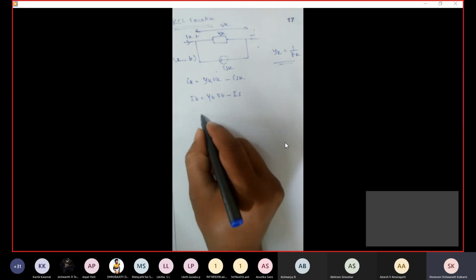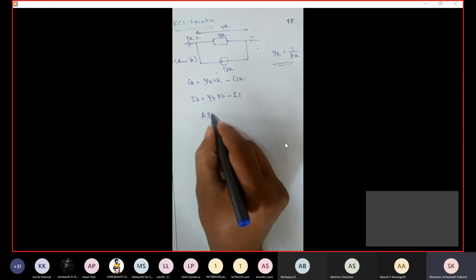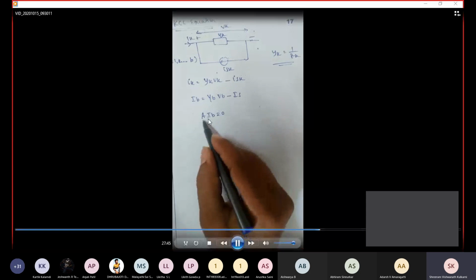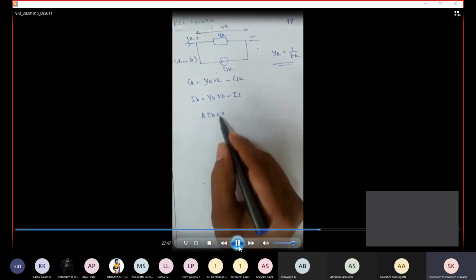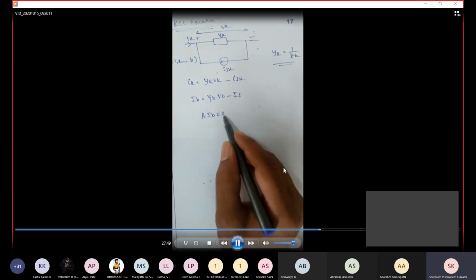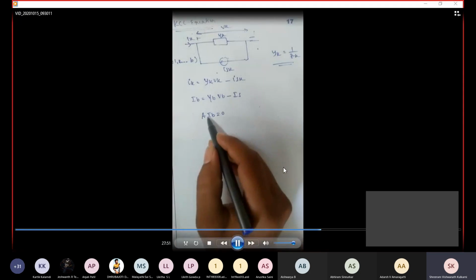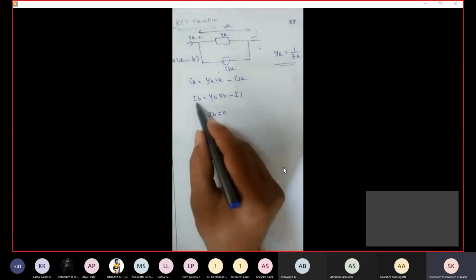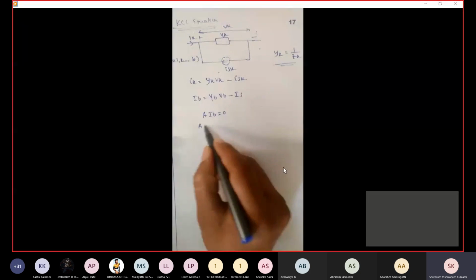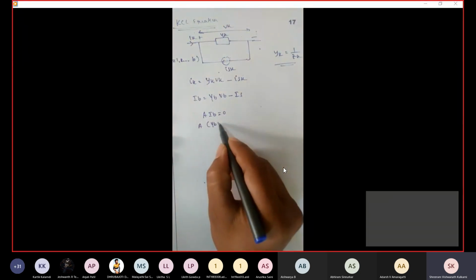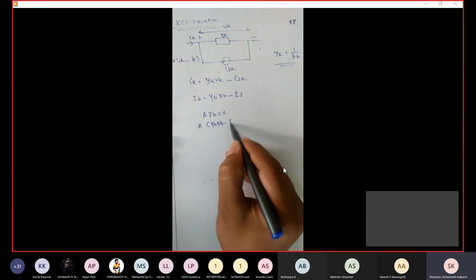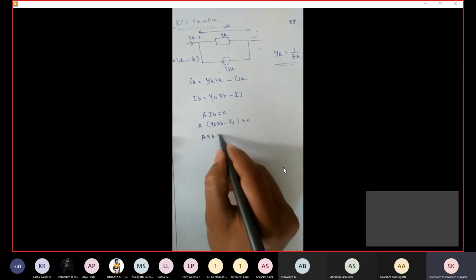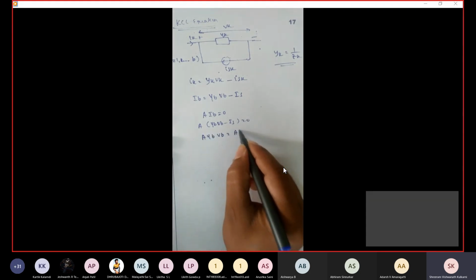Already we have seen in the KCL equation that A IB equals 0 for KCL. For KVL, B into VB equals 0. For KCL, A into IB equals 0. Now I know IB, so I insert here YB VB minus IS equals 0. Then it becomes A YB VB equal to A IS.